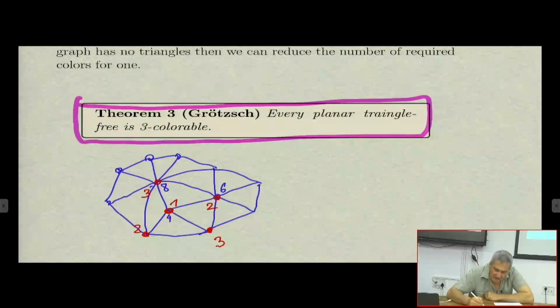I can go now here. 1. 1, 2, 1, 2, 1, 2, 1, 2. I can do it, yes? 1, 2, 1, 2, 1, 2. And here, look. Here is vertex 2. 1, 3, 1, 3, 1, 3. Yeah?